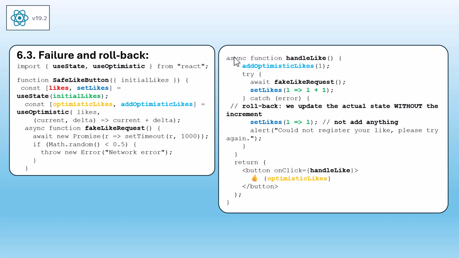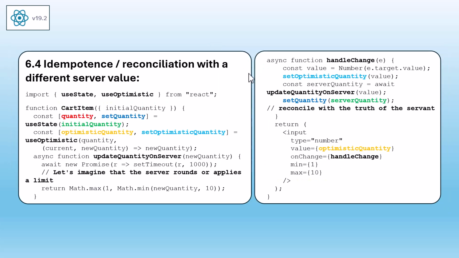Failure and rollback. Some operations might fail due to network issues, server error, validation. You need to plan how the UI will handle those failures. Roll back the optimistic update, show error, retry logic, etc. Idempotence and duplication. If your optimistic update duplicates or shadows a real action, you must ensure reconciliation when the real result comes in.